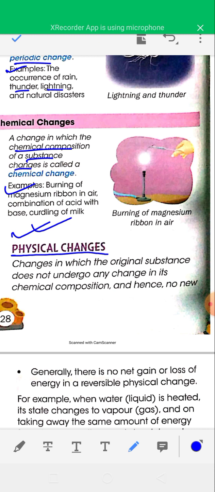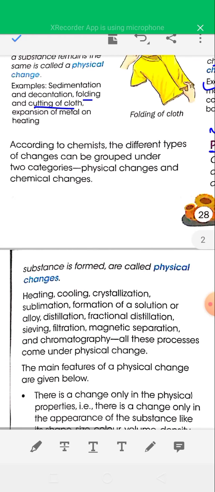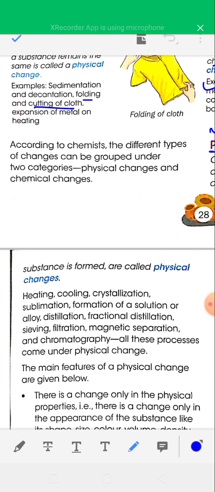Physical changes are changes in which the original substance does not undergo any change in its chemical composition, and hence no new product, no new substance, is formed. In physical change there is no change in chemical composition and no new product formation.